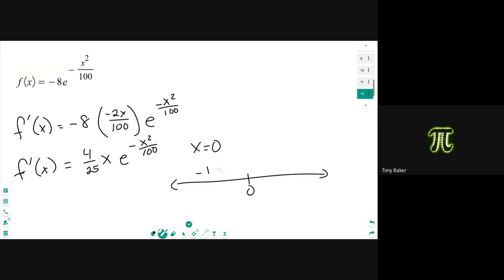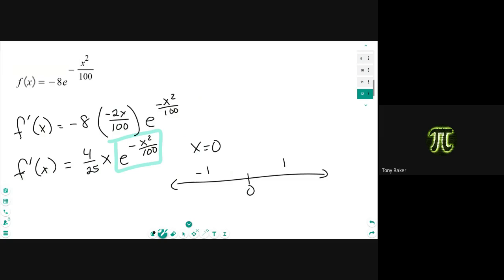So if I plug in -1 and 1, so this e right here, is that ever going to be negative? No, because it can never be 0, right? It was always there. So that's never going to be negative. So we don't even really have to worry about that part because I know that's positive.